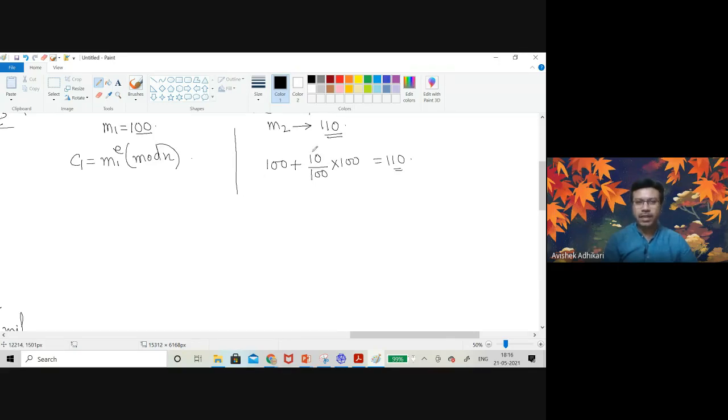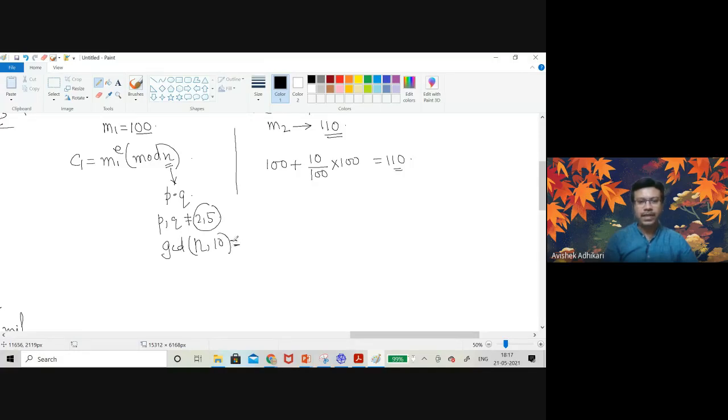So what is happening here? Everything is in mod n, and this n is a product of two big primes, P and Q. Suppose P and Q are not equal to 2 and 5. Then the GCD of n and 10 should be how much?